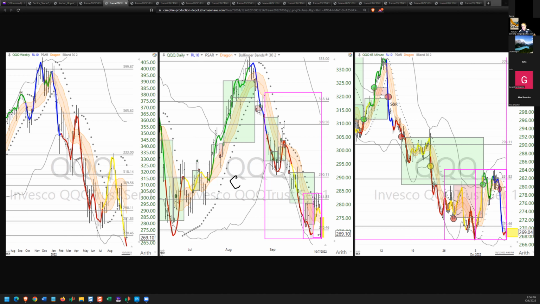All right, so we'll take a look at the Qs now, and you can see that they are already well below the weekly support level of 285. They've even broken through the previous absolute swing low, and then held.